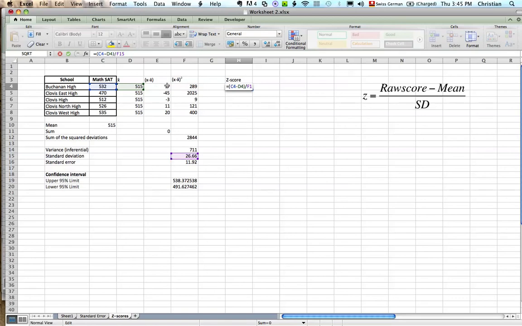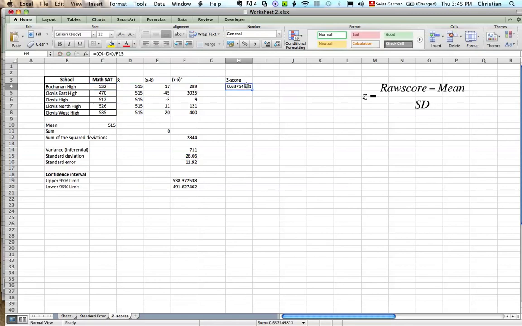So we're actually saying in proportions of standard deviations how far away a score is. Let's imagine the deviation is one standard deviation. 26.66 divided by 26.66 is 1. So a z-score of 1 would mean that the unit is 1 standard deviation away from the mean.